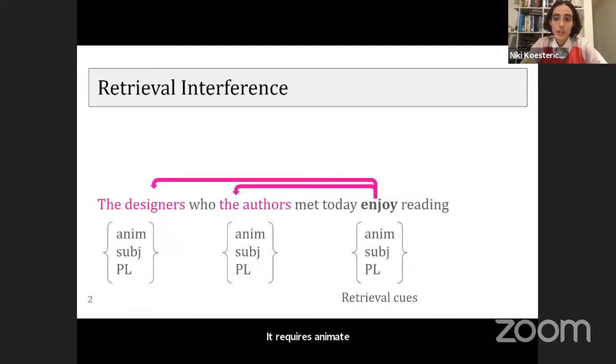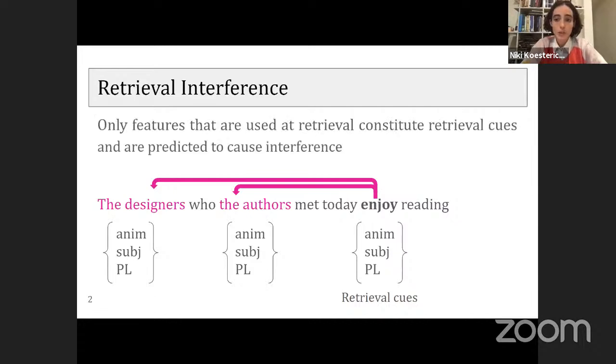However, since the verb's retrieval cues match more than one item in memory, some form of retrieval difficulty or even misretrieval is expected. Crucially, only features that are specified at the retrieval site, which in our case is all three features, are retrieval cues and are predicted to cause retrieval interference.